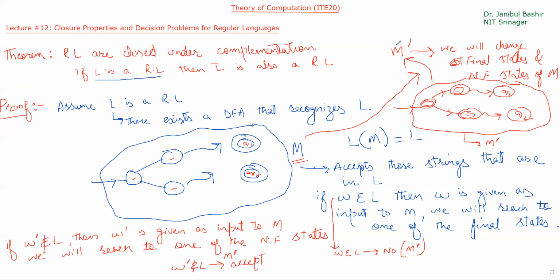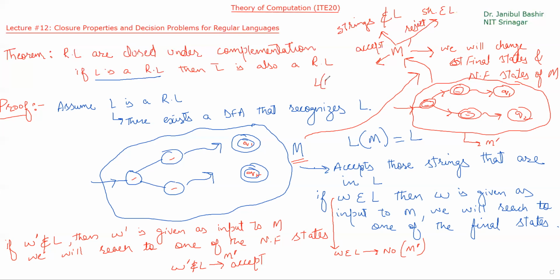So this M dash will accept those strings which do not belong to L, and it will reject those strings which belong to L. Then what will be the language of M dash?